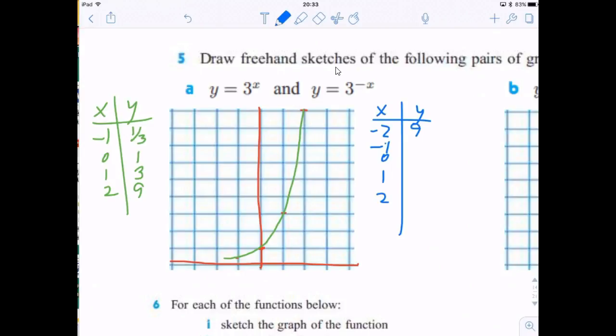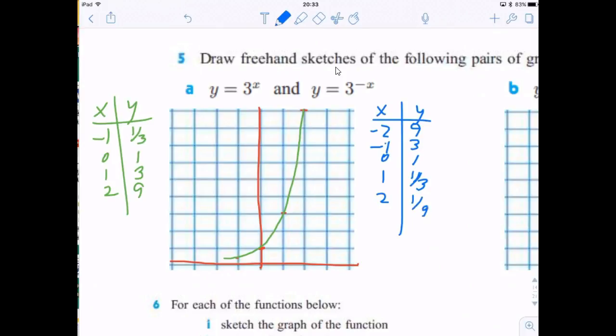If we put -1 in there, we're going to get 3 to the -1, which is 3 to the 1, which is 3. If we put 0 in, we're going to get 1. If we put 1 in, we're going to get 3 to the -1, which is 1/3. If we put 2 in, we're going to get 3 to the -2, which is 1/9.